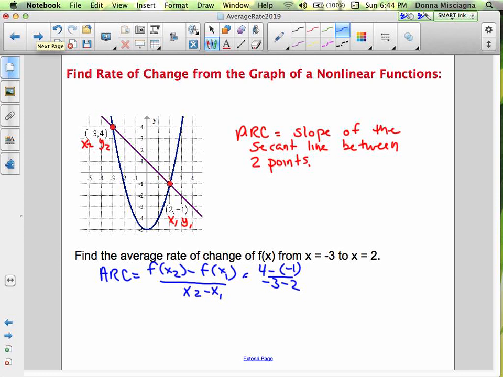That would be 4 plus 1, so that's 5, divided by -5, so that's -1. So the average rate of change is decreasing between those 2 points. Now, if we chose 2 different points, because this function decreases and increases, then it might be increasing.